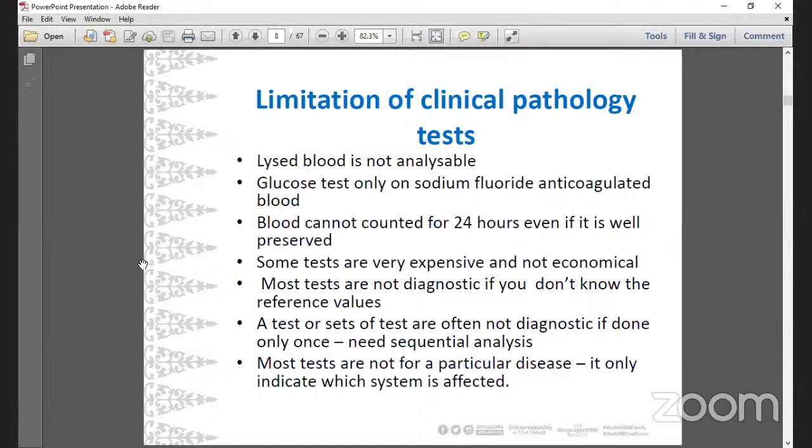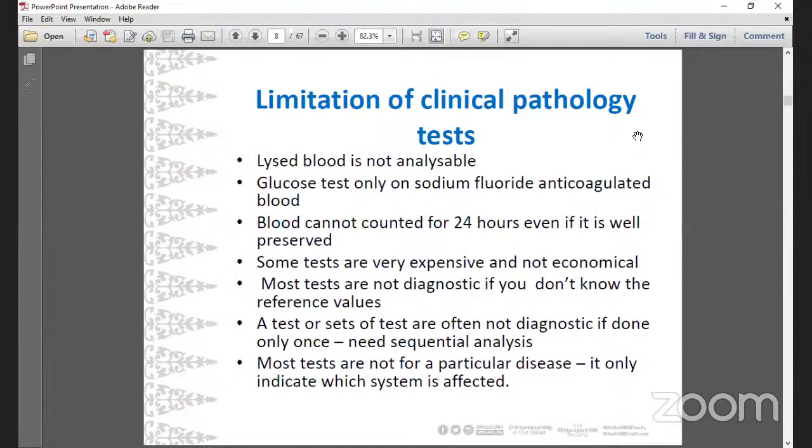And for hematology, blood cannot be counted after 24 hours, even if it's well preserved. That means we have to process for hematology in less than 24 hours. Some of the tests are very expensive and not economical at all, like hormone tests and the acute phase protein, which are a bit expensive.